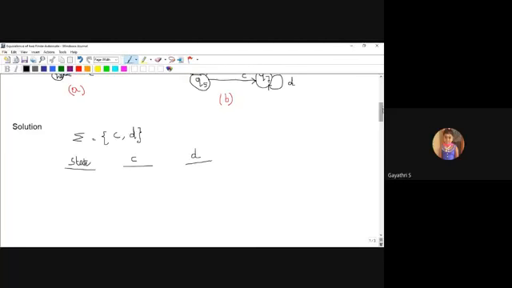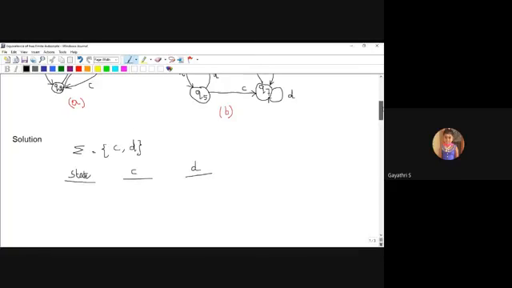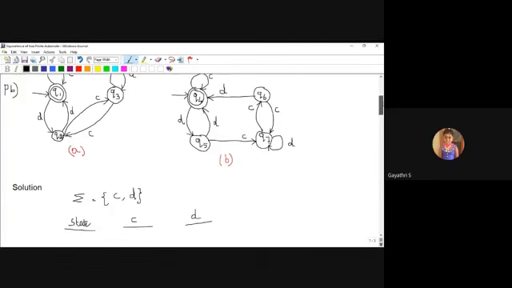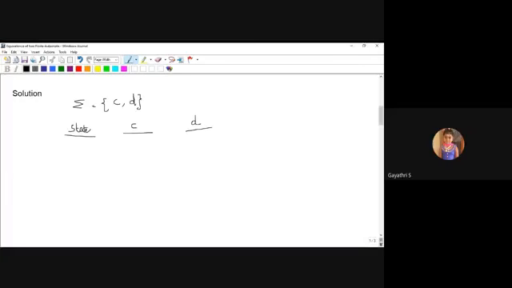First, I will start with the initial states of the two automata. In automata number 1, the initial state is Q1. In automata number 2, Q4 is the initial state. So I start the pair with the initial states of the two automata, that is Q1, Q4.